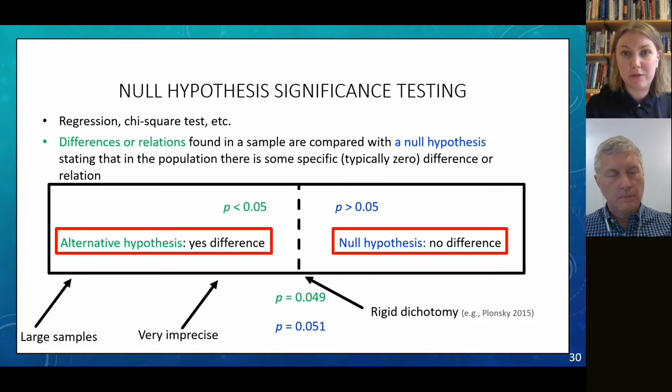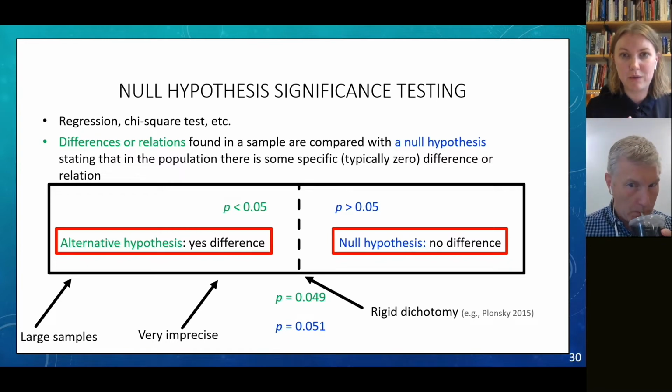Something that's particularly relevant to us in corpus linguistics is that we tend to have large samples, and p-values are sensitive to sample size, meaning that we're likely to have a lot of things come out as significant, so that we can reject the null more or less for almost anything, because we have so much power.